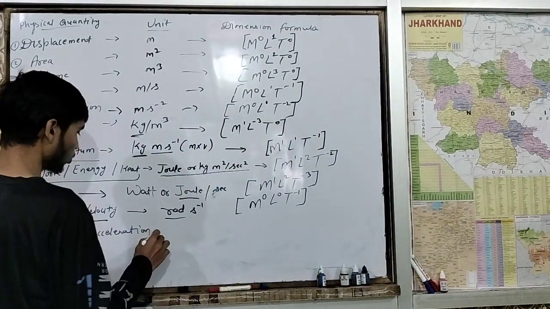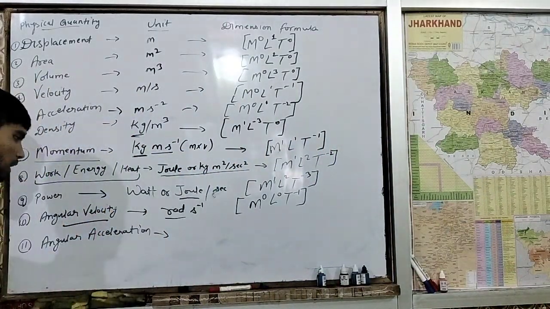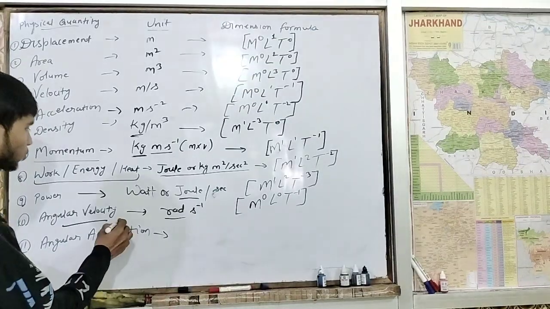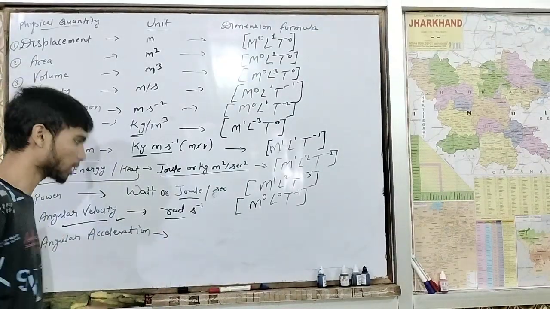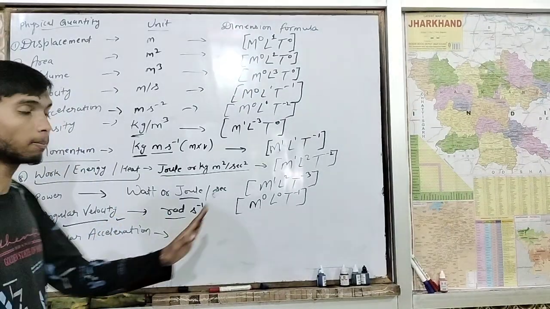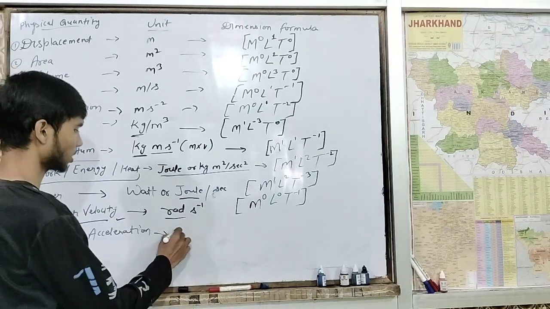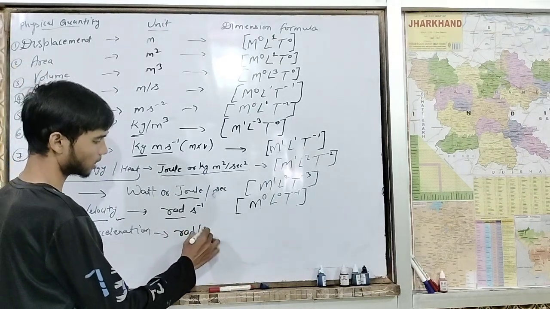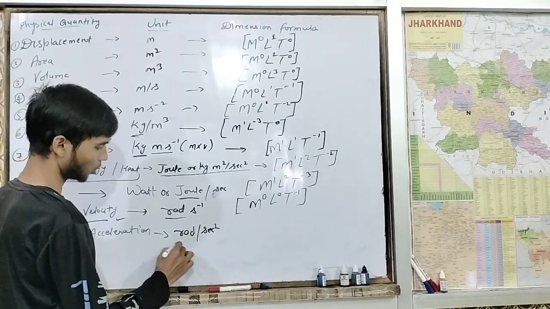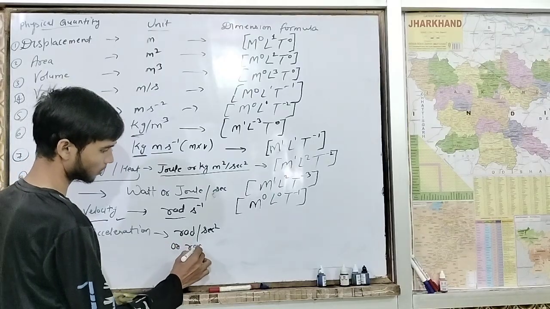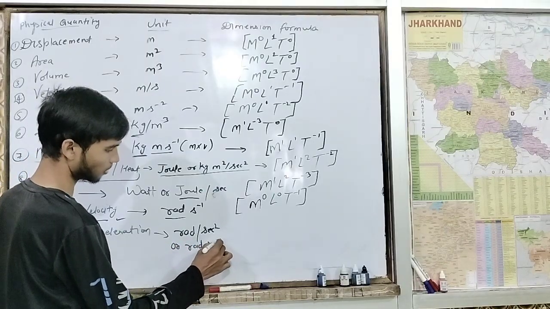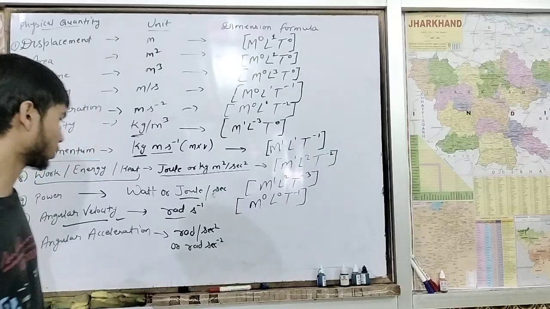Now the unit for angular acceleration is radian per second squared, or radian s minus 2.